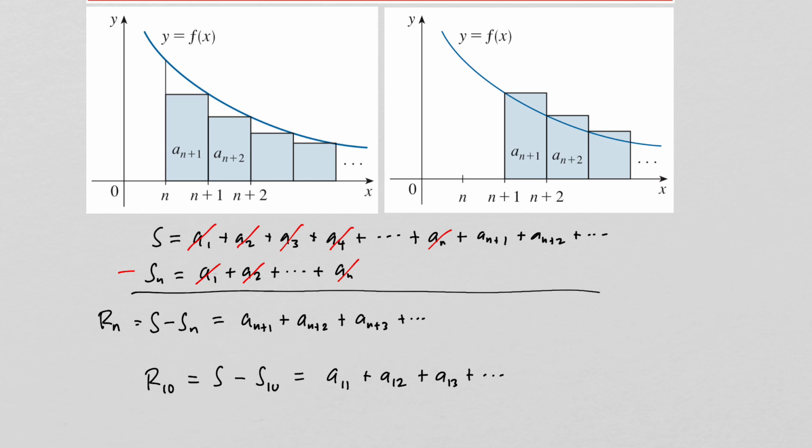Now, when you're adding up a bunch of positive terms, the remainder is basically the error when you approximate the sum using the first n terms, right? So if you know that you have a converging sum and it converges to S, S_n is an approximation of that sum. Well, what is the error of that approximation? Well, the error is the remainder.